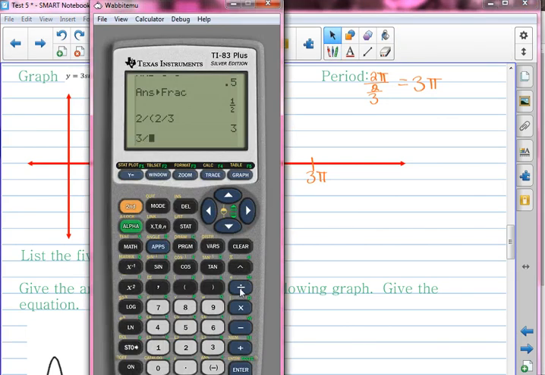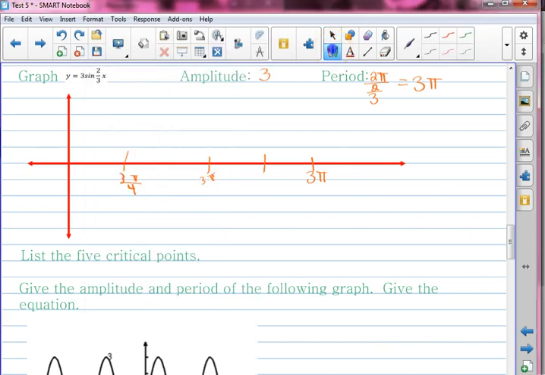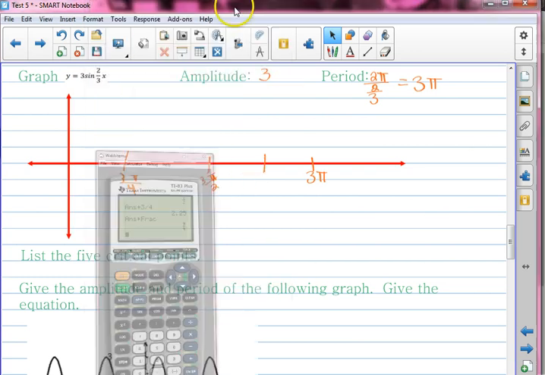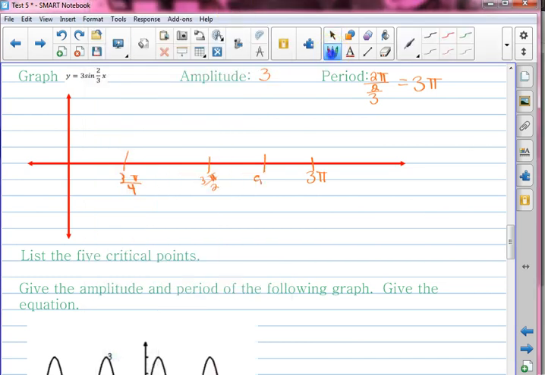So 3 over 4 plus 3 over 4 is 3 pi over 2. And 3 pi over 2 plus 3 over 4 is 9 pi over 4. And mine aren't very equal.